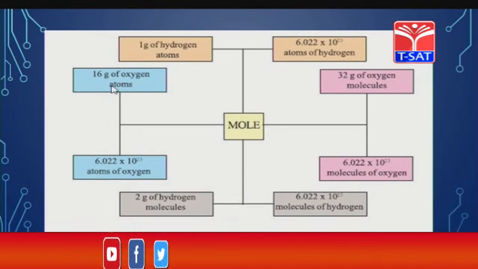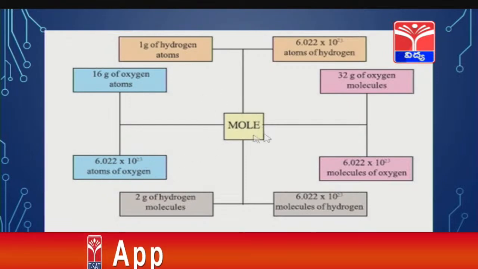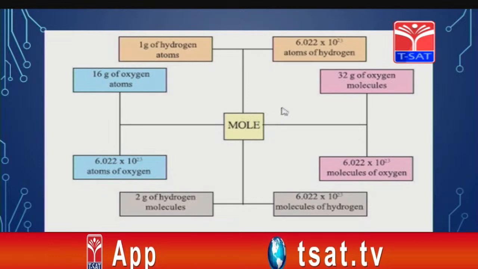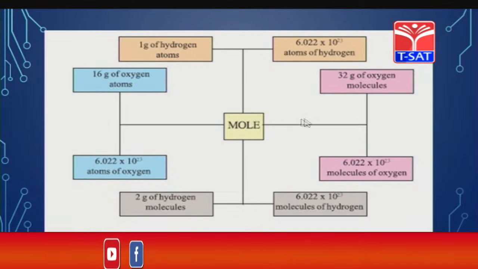In the same way, 16 grams of oxygen atoms contains Avogadro number of atoms of oxygen. So, children, a mole means Avogadro number of particles should be present. If you are considering molar mass, that means Avogadro number of molecules are present in that particular gas.